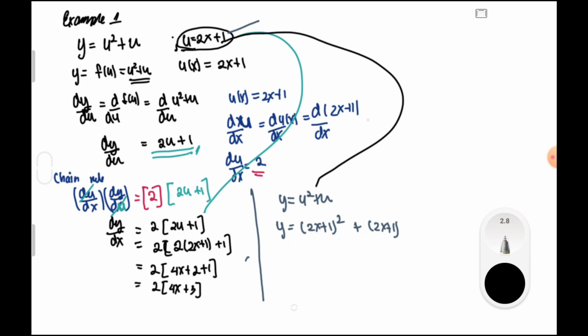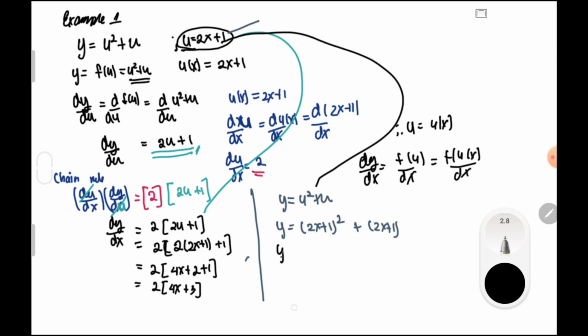So, by demonstrating dy over dx of f of u of x, wherein u is equal to u of x, we'll have this value.